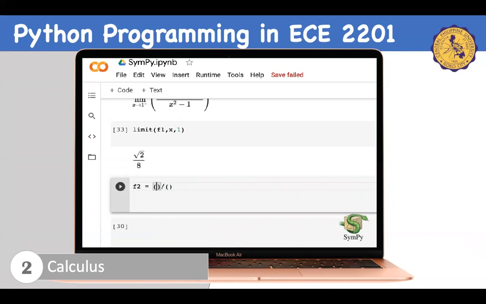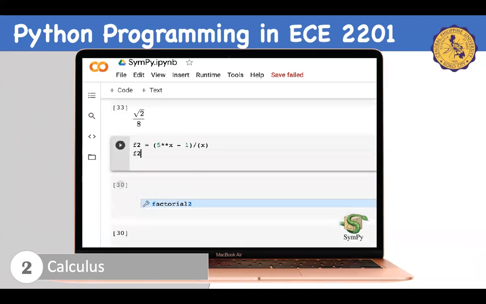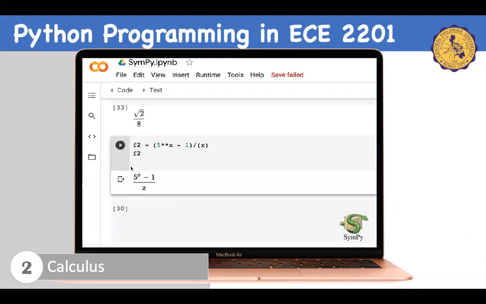So we have 5 raised to x minus 1 all over x. Okay, so we will display it first. So we have 5 raised to x minus 1 all over x.